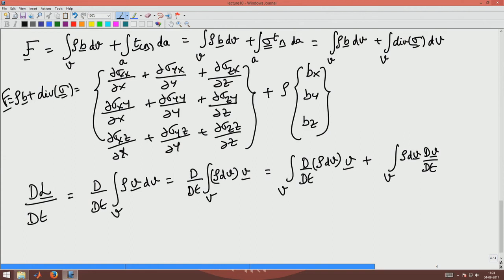A chemically non-reactive system, the mass of the system does not change, hence this goes to 0.